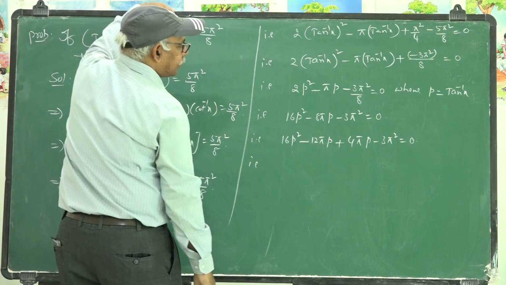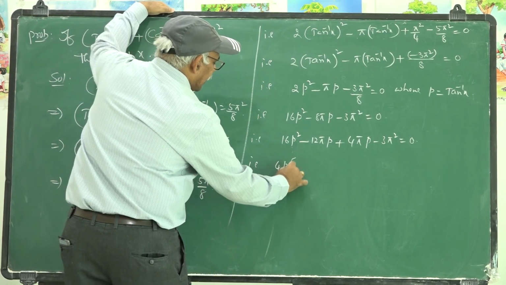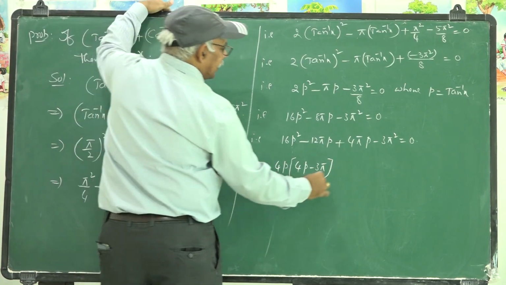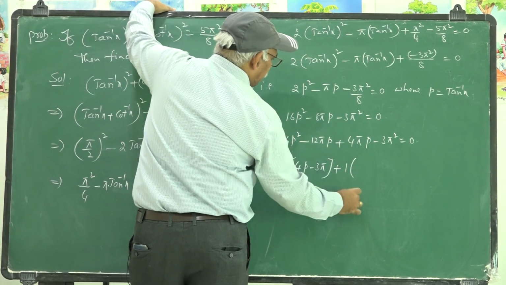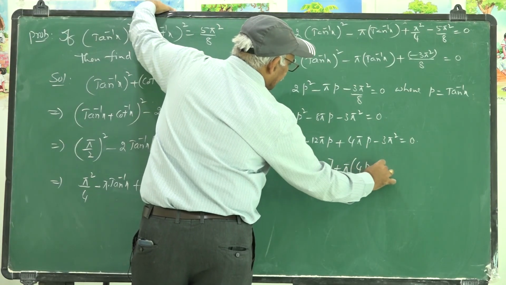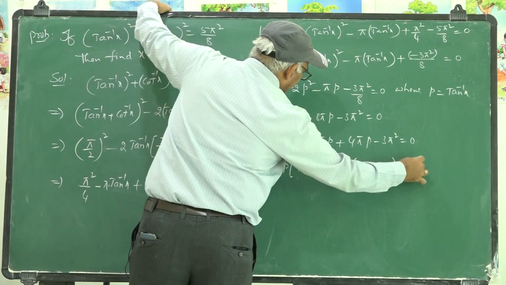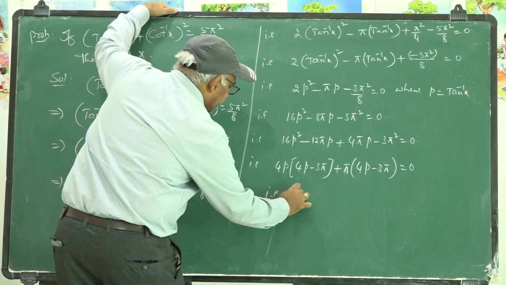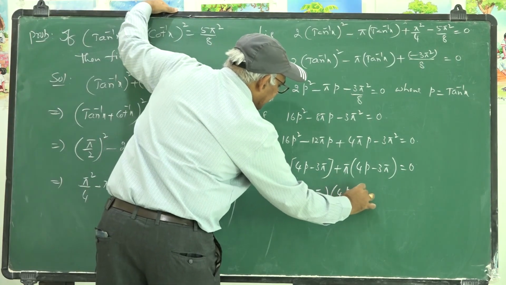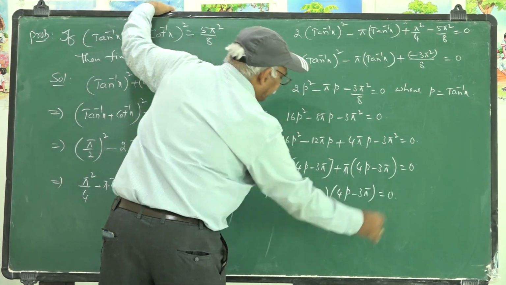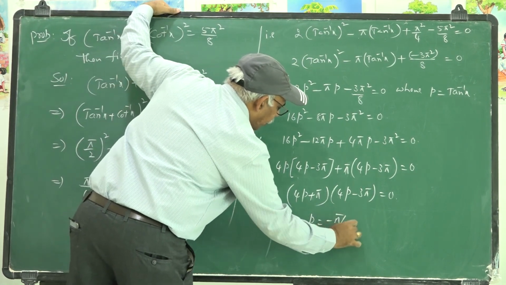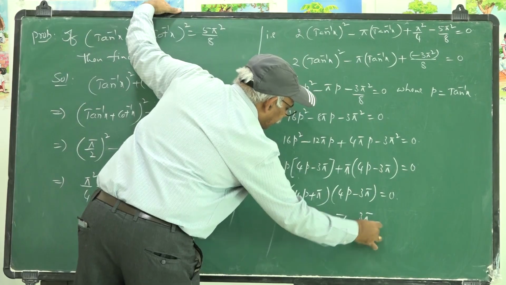Now taking 4p as common here, we get 4p minus 3 pi. Similarly, taking pi as common here, we get 4p minus 3 pi. So the factors are 4p plus pi into 4p minus 3 pi equal to 0. So therefore p takes the value minus pi by 4 and 3 pi by 4.